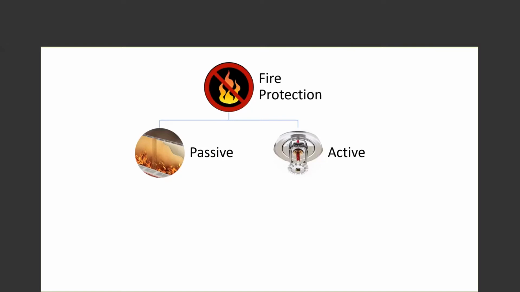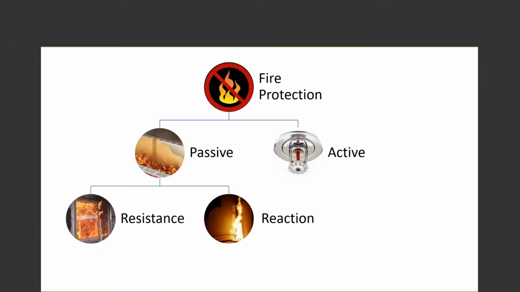And all the materials and systems that passively, as a property of the material itself, ensure that the fire does not spread, does not initiate, or remains contained, is known as passive fire protection.